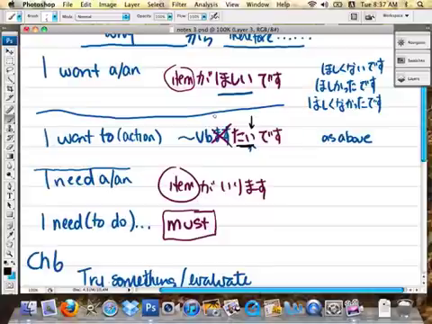Remember that hoshi and tai both end with an E sound, so that when we make it negative or past or negative past, we do treat it just like an E adjective. So hoshi desu, hoshikunai desu, hoshikatta desu, hoshikunakatta desu. And the same thing goes for tai.